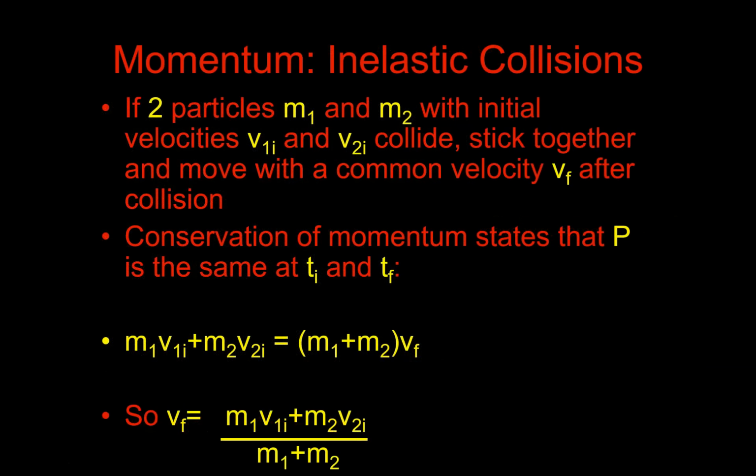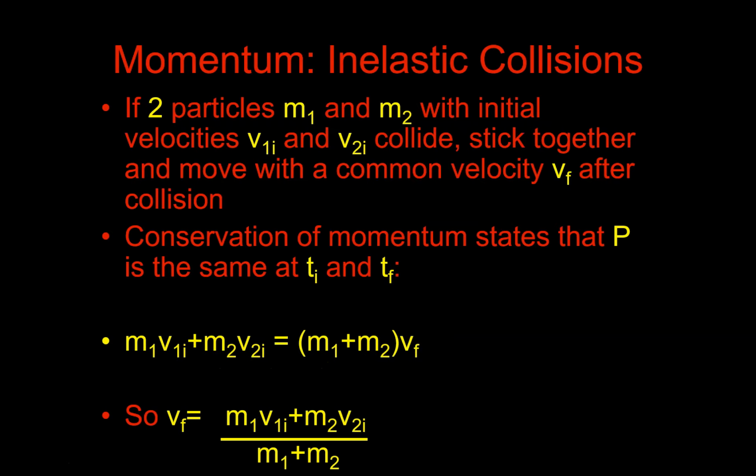So, for the inelastic collisional case, if we are to apply conservation of momentum, then what we can say is before the collision, we have two masses with two discrete velocities, m1 v1i and m2 v2i. This is going to be equal, after the collision, to two objects being stuck together essentially, not adhered, but moving together as one.